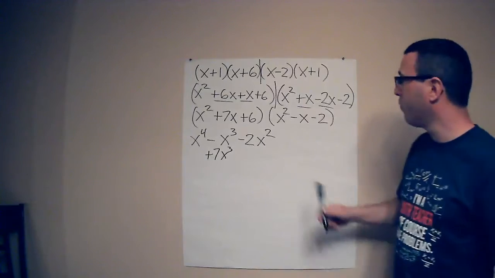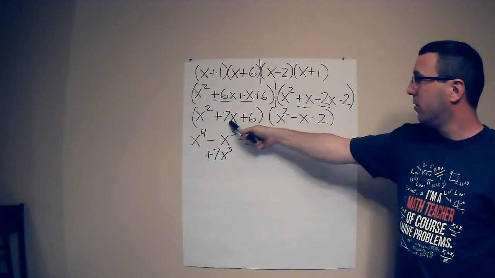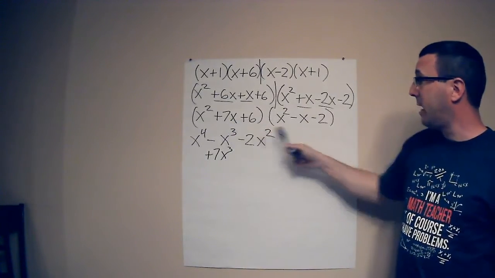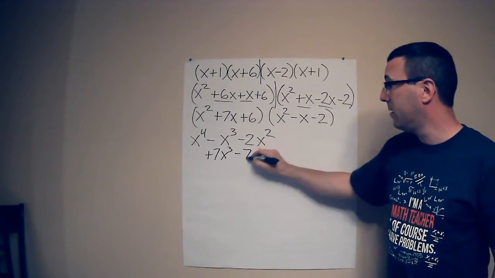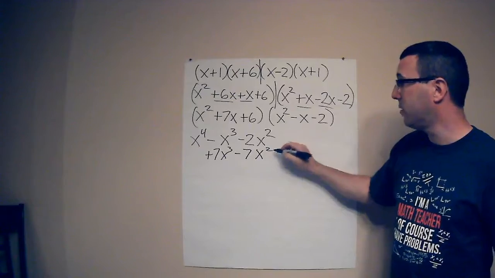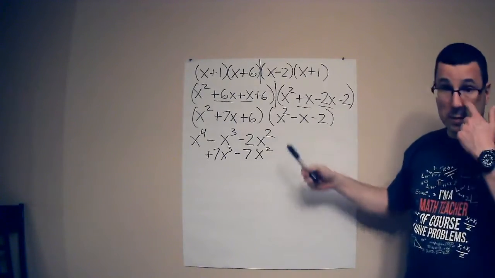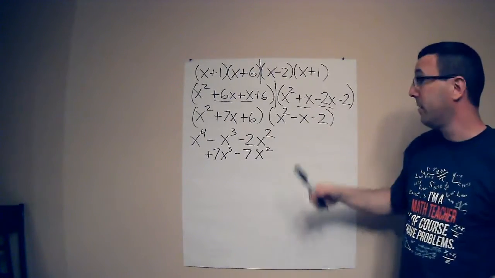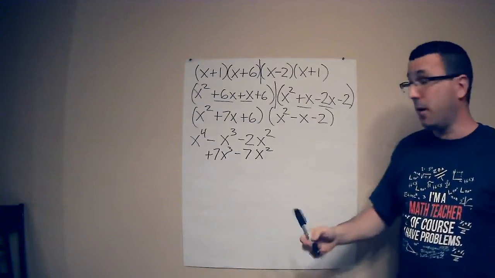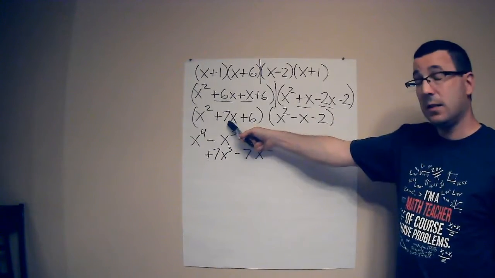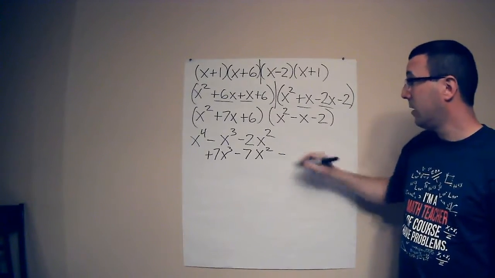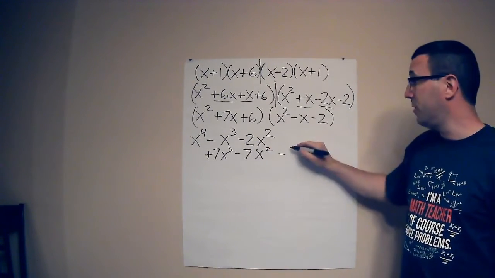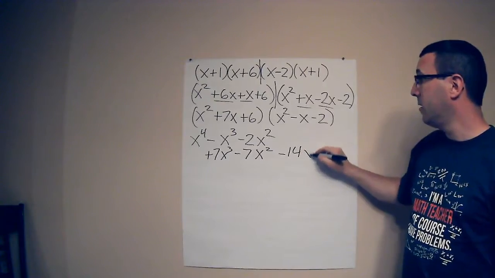Alright, we keep going. 7x times a negative x is going to be negative 7x squared. Alright, positive 7 times negative 1 is going to be negative 7. X times x, x squared. 7x times a negative 2. 7 times negative 2 is negative 14. Just bring the x.